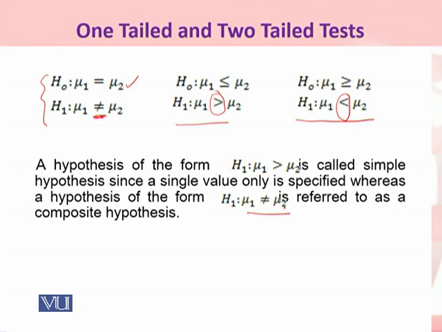So students, in this module, we have learned the difference between the one-tailed and two-tailed test and how we are going to distinguish between the simple and the composite hypothesis.